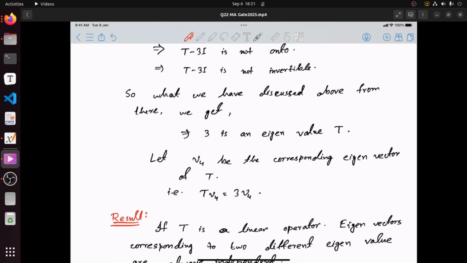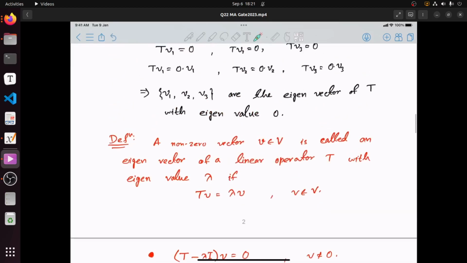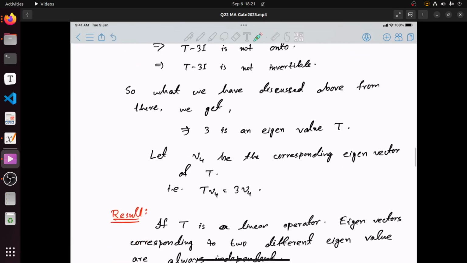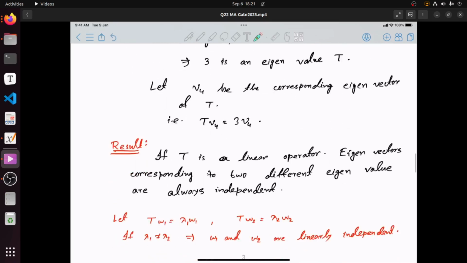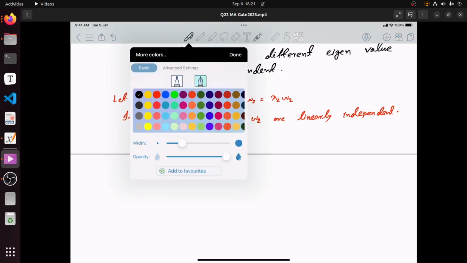So we'll use this. For 0 we have got these 3 eigenvectors, V1, V2 and V3. And corresponding to 3 we have got eigenvector V4. As 0 and 3 are different, V4 is linearly independent of all the 3.